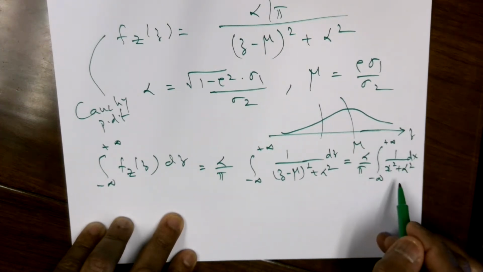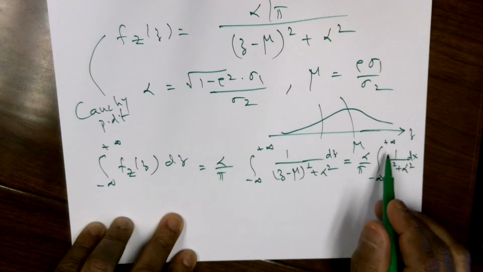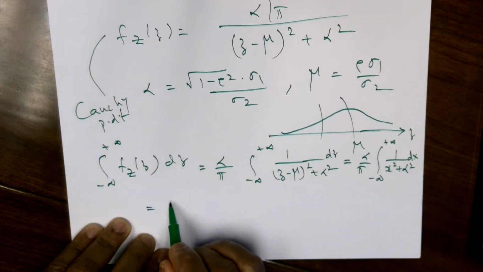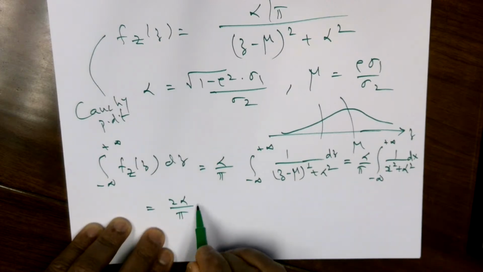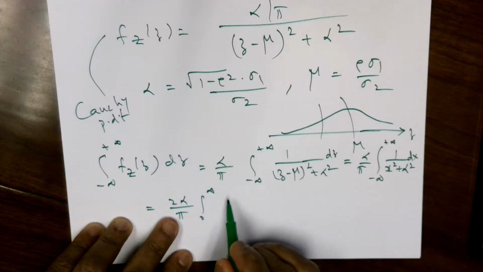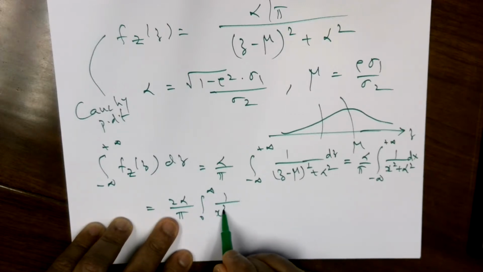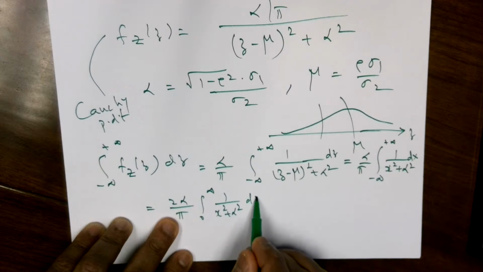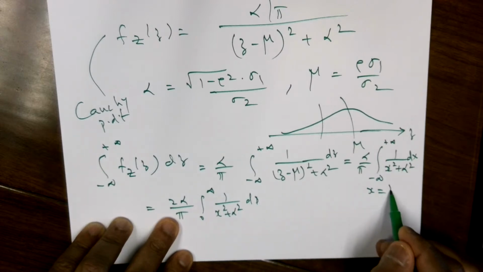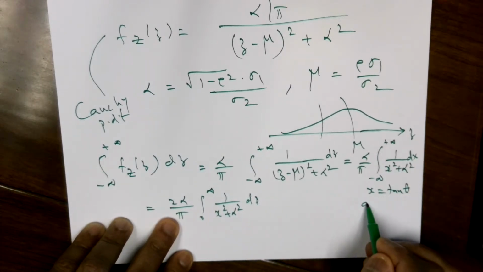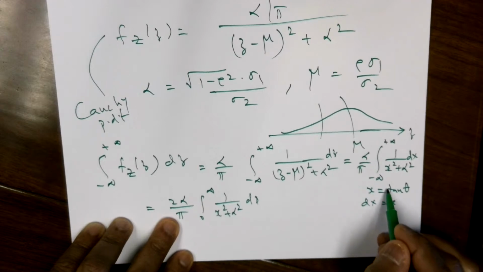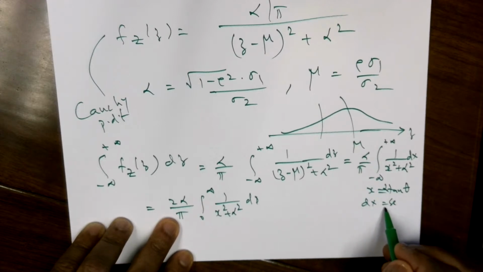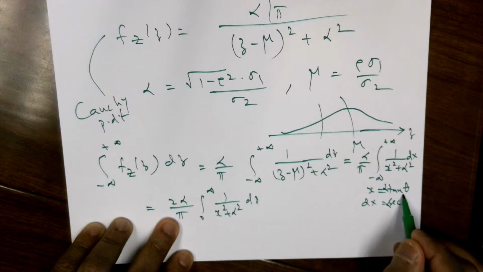Now this is a symmetric function, so I can write this as 2 alpha over pi integral from 0 to infinity of 1 over x squared plus alpha squared dx, and substitute x equal to alpha tan theta, then dx is alpha sec squared theta d theta.